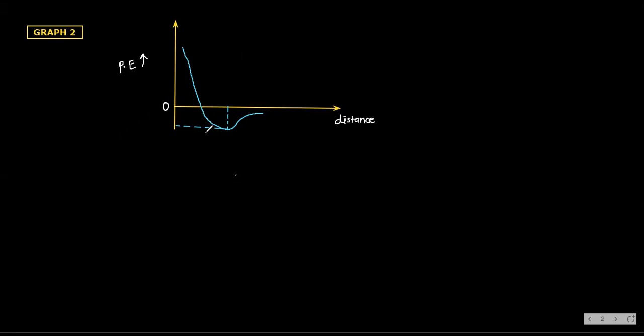This is the origin, and this is R naught, and this is U naught, which is the equilibrium energy, we can say. R naught is the equilibrium distance.